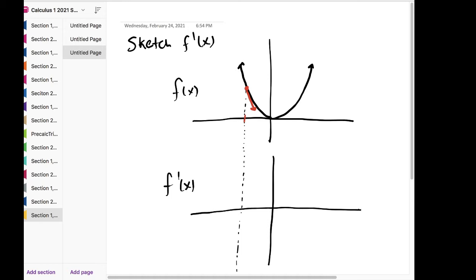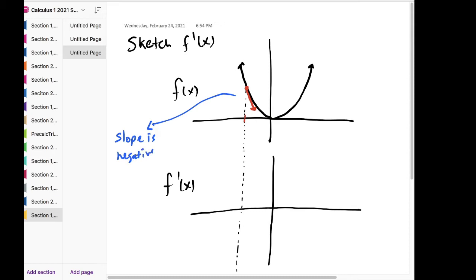Negative. Can you give a reason why? What makes that a negative derivative? Just in your own words. Right, the slope is negative. It's pointing downwards.